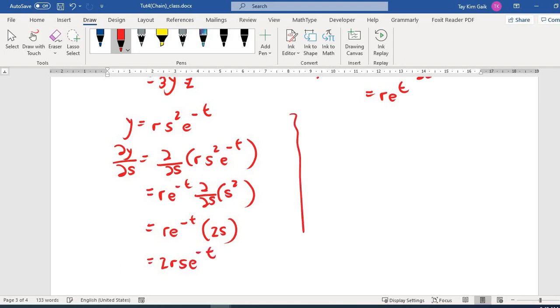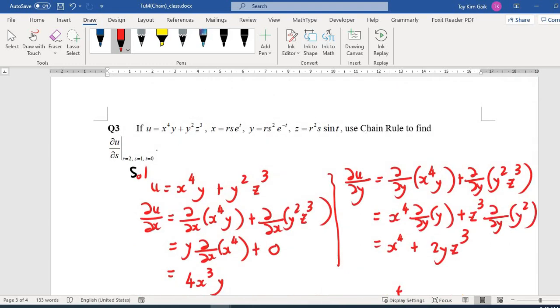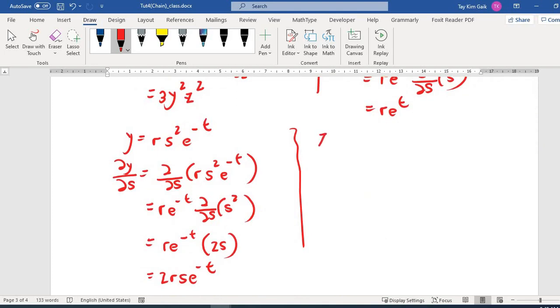Okay, and then what is z? z is r^2 s sin t.